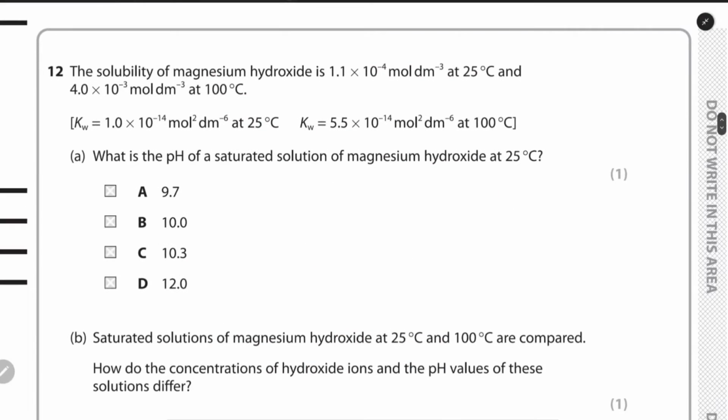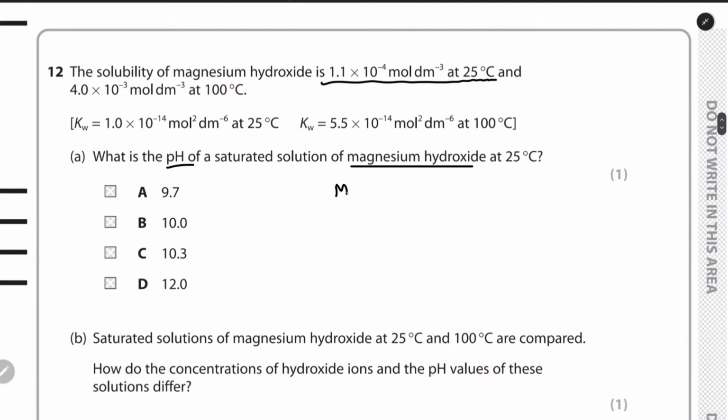Now moving to question 12. Here we have to find the pH of a saturated solution of magnesium hydroxide at 25 degrees Celsius. The solubility at 25 degrees Celsius is this value over here. So the pOH value. Now before we do that, we have to consider the fact that magnesium hydroxide has 2 OH minus per each magnesium ion.